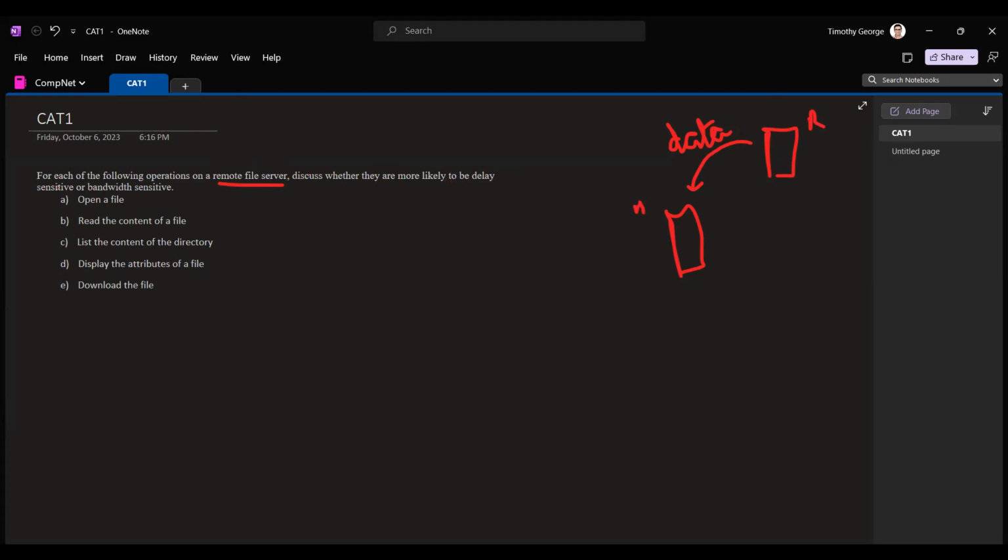Discuss whether they're more likely to be delay sensitive or bandwidth sensitive. That means, let's say you wanted to transfer data from the remote to the host. Would the amount of bandwidth on this network be responsible for how the operation takes place, or would how fast the data travels across this network be responsible? Delay is basically the speed.